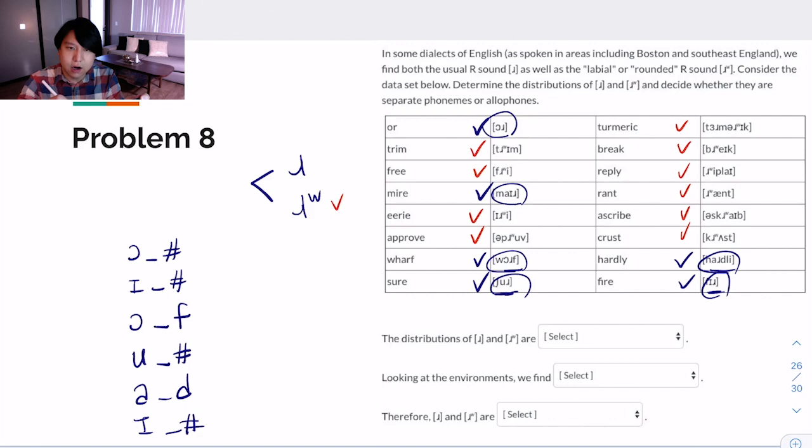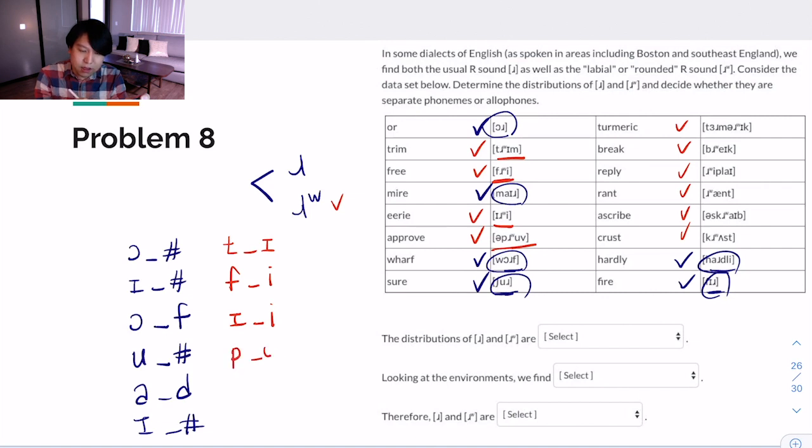Let's see for the R with W, the labial or rounded R. Trim, between T and E. Free, between F and I. Eerie, between dotless I and dotted I. Approve, between P and U. Turmeric, between A and E. Break, between B and A. Replay, word initial position.